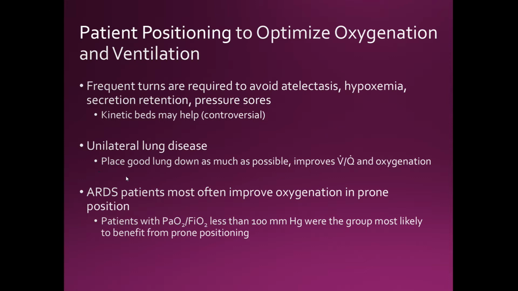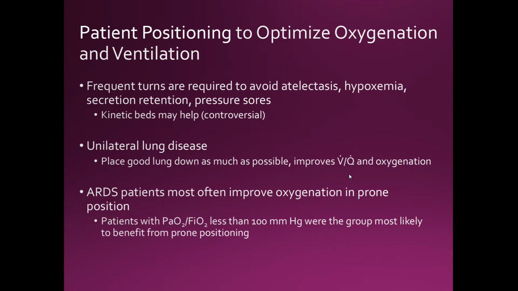So again, it improves our VQ ratio and oxygenation. The only thing I can think of is that usually if it's a disease process, you might have a lot of infectious pus. You might have a lot of secretions, and as you turn your body, it might start pulling the secretions away from the alveoli, so you're going to have improved oxygenation.